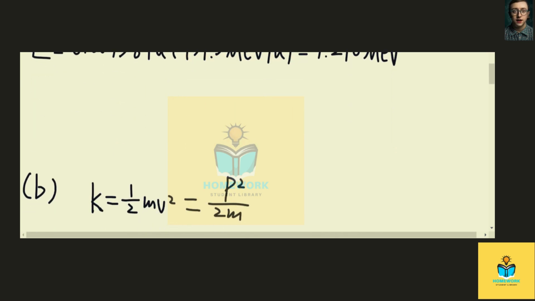So now let's take a look at the next question. We know kinetic energy is equal to 1/2 mv squared, which is also equal to p squared over 2m. In this case, momentum is conserved, so the momentum of the alpha particle is equal to the momentum of the thorium.